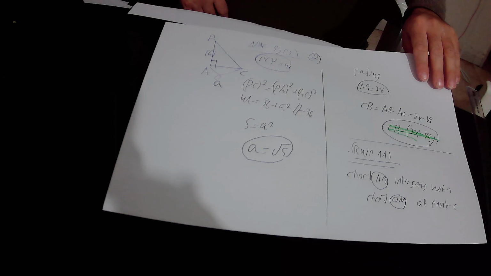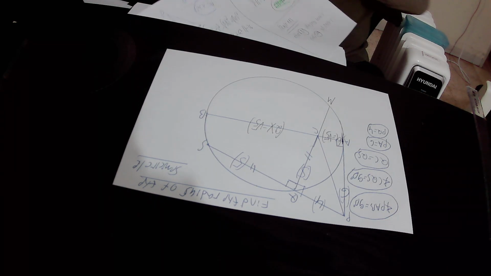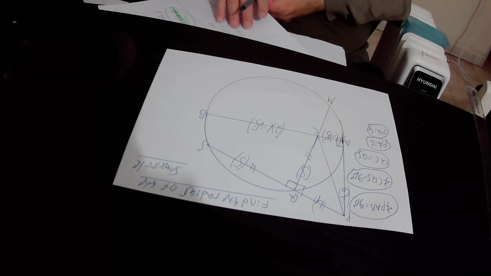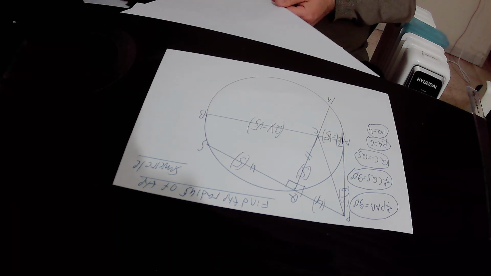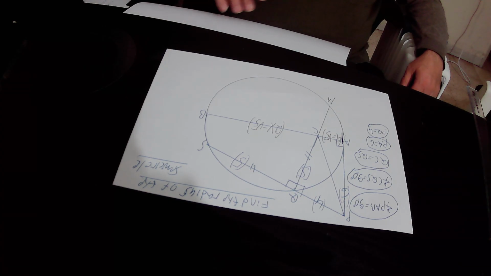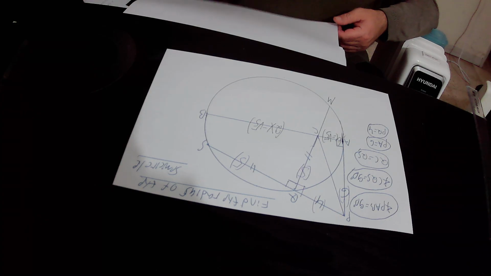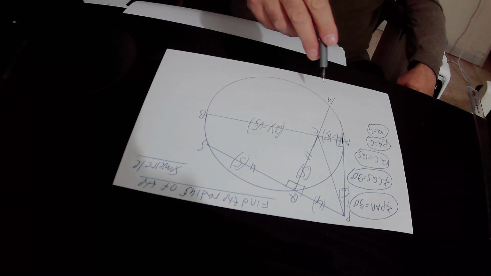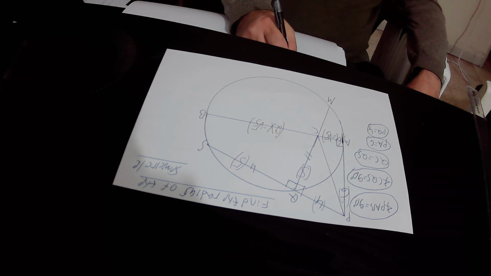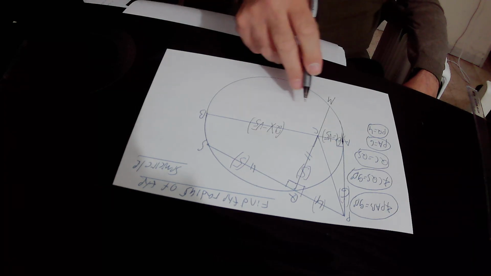Therefore, according to rule number 11, we get that AC times CB equals QC times CM.